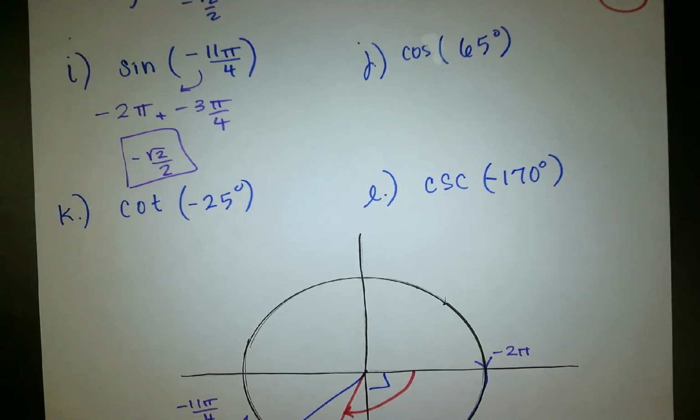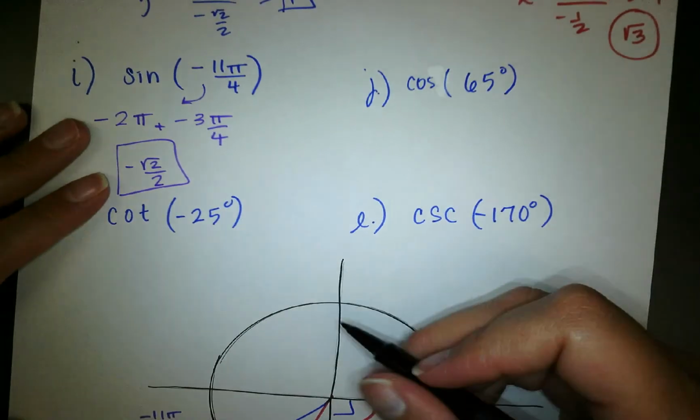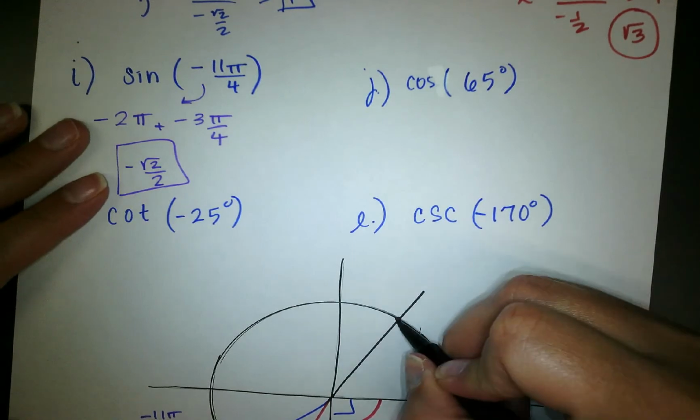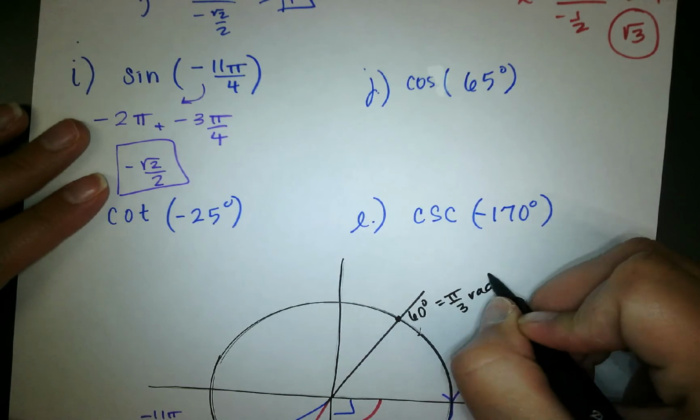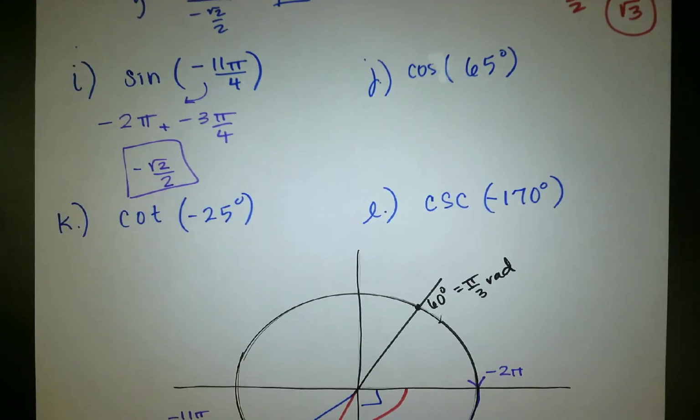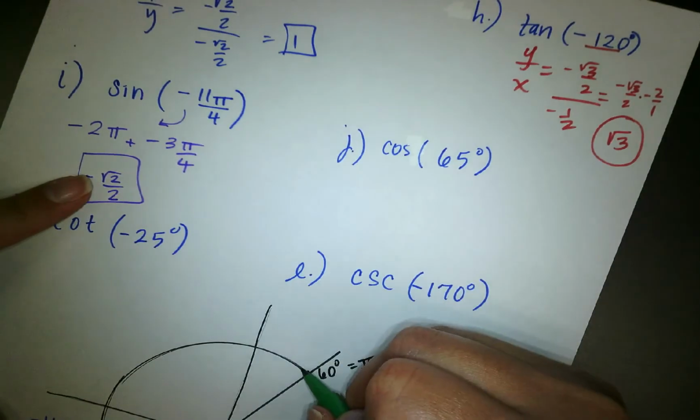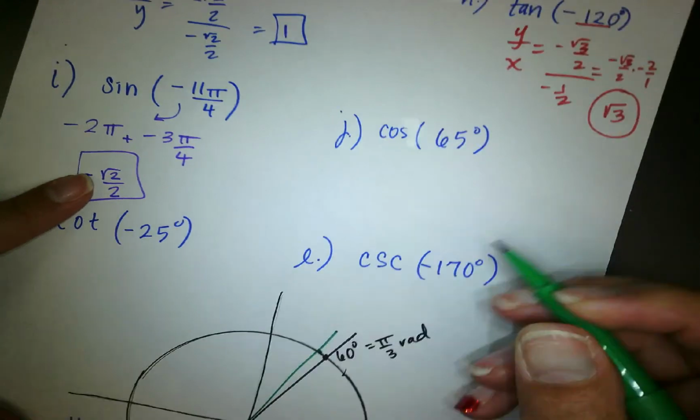Cosine of 65 degrees. Alright, if this is cosine of 60 degrees, which is our famous guy, which is pi over 3 radians, 65 is not famous. Oh, that's so sad. Boo-hoo. I'm so upset. Oh, you guys will survive. So just a little bit past it will give us 65 degrees.